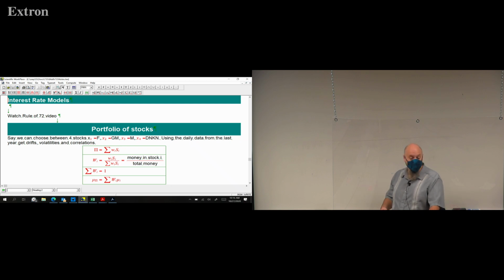And even then, when I showed it in previous iterations of this class, I didn't go through and solve it. I just said, here's the solution, and we verified that it was a solution. It's more involved than the Black Scholes, but it's very similar to it. And how long did it take us to do the Black Scholes? It took us a couple of lessons, right? So it's less well established as well.